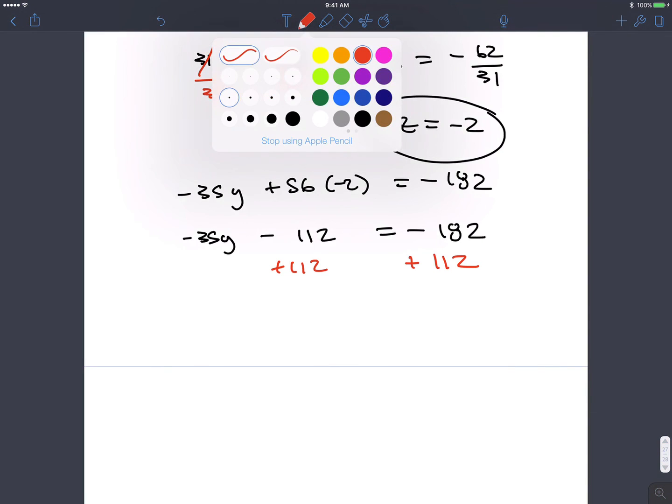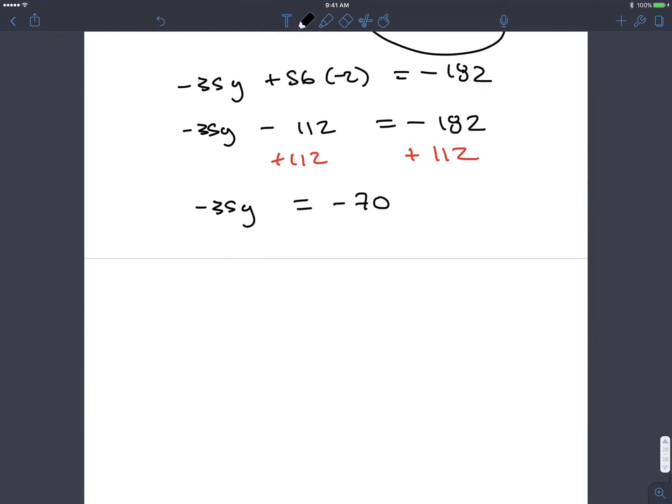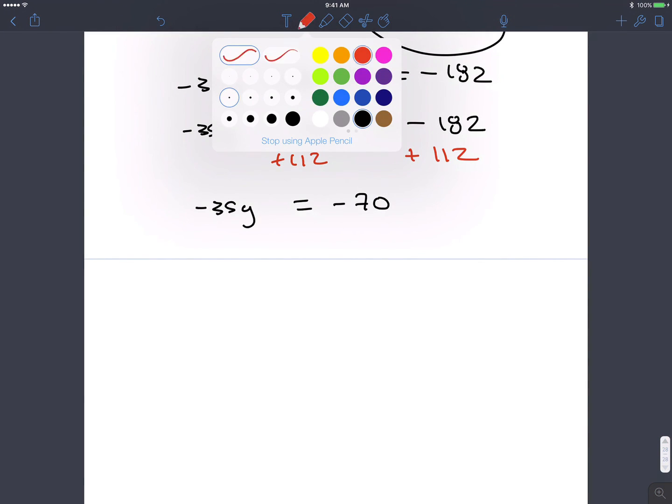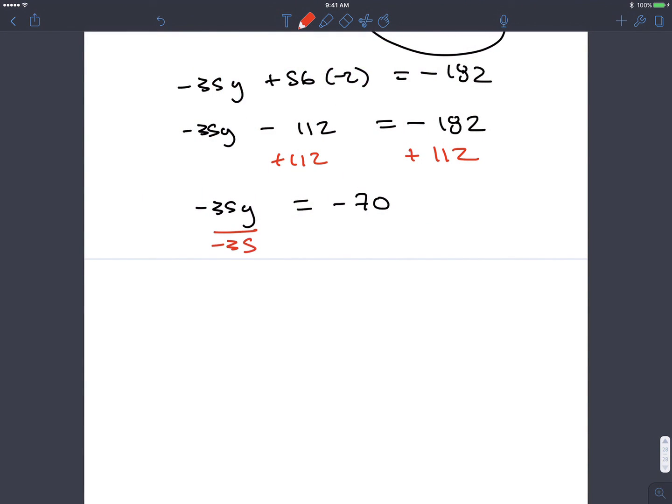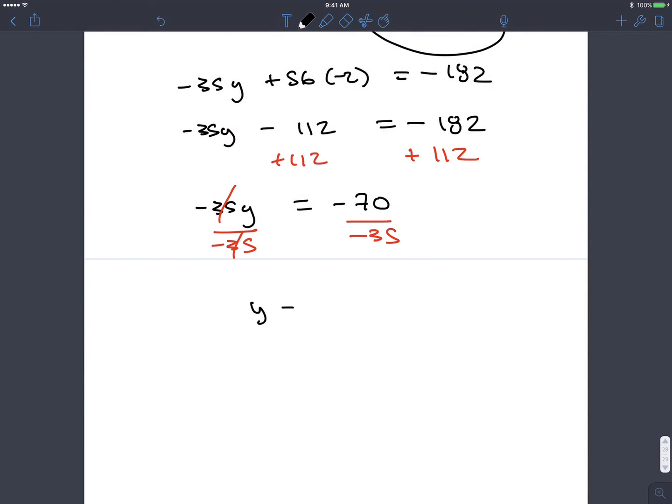Add your 112, negative 35y becomes, looks like it's negative 70. Divide both sides by the negative 35. We'll get y is positive 2.